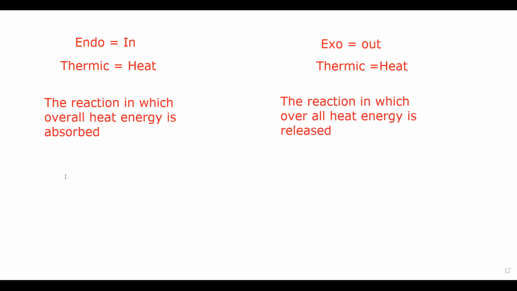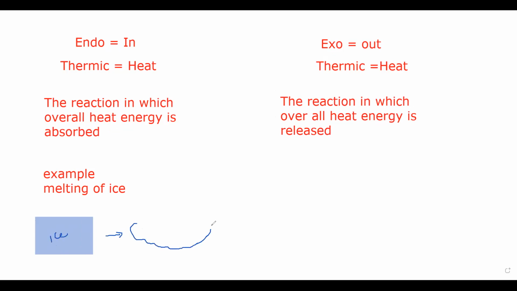Example, melting of ice. So what happens in the melting of ice? Example, you have an ice cube. As it absorbs energy, it changes state from solid to liquid. So originally it is solid, then it turned into liquid.